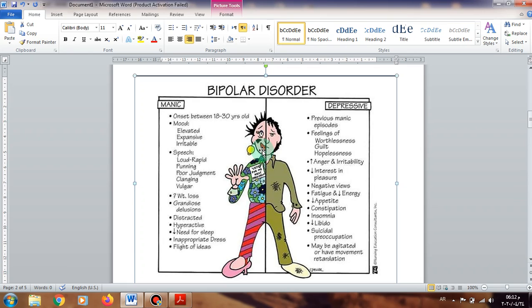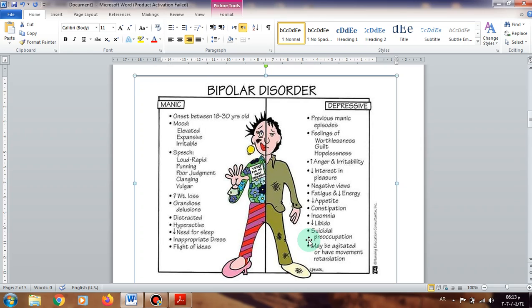All of these symptoms we always see in a patient who has episodes of mania. The opposite is a patient with episodes of depression. Of course, here we should note that there must be previous manic episodes before the development of depressive episodes, so there must be manic episodes accompanying the depressive episodes. If there are no manic episodes, the patient will be diagnosed as having major depressive disorder or other types of depression. Also, feelings of worthlessness, guilt, hopelessness, increased anger, irritability, decreased interest, negative view, fatigue, decreased energy, decreased appetite, insomnia, decreased libido, and suicidal preoccupation, which we always fear.